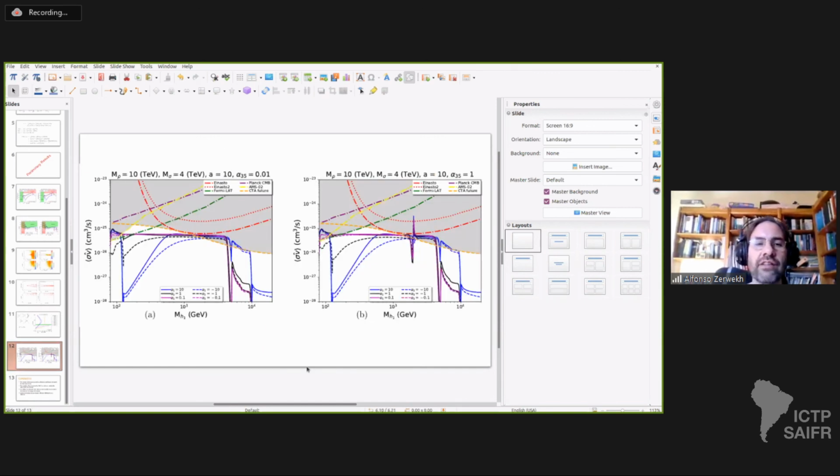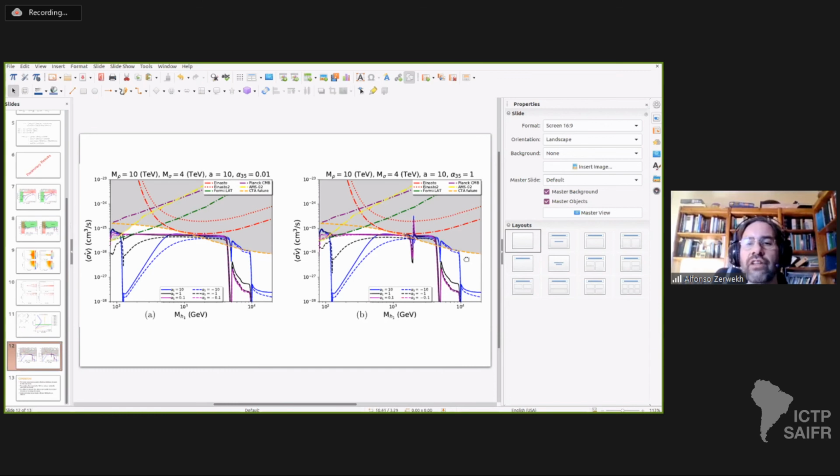However, if we consider indirect detection, we have some chance. Here, we show two plots for different values of the parameters, with our predictions of the cross-section relevant for indirect detection, and the constraints coming from many experiments, including the expected limit coming from CTA.